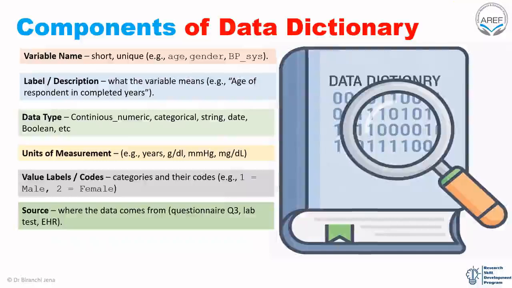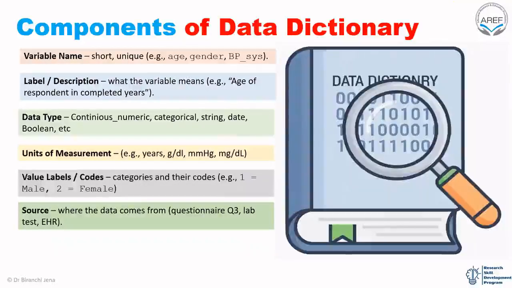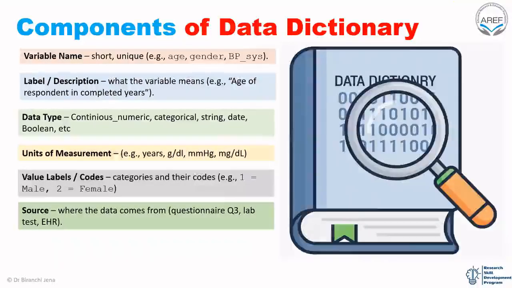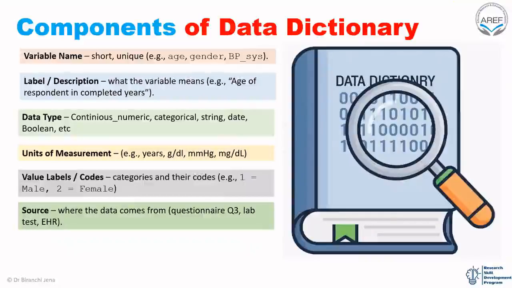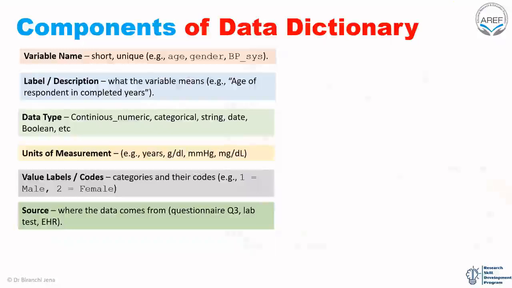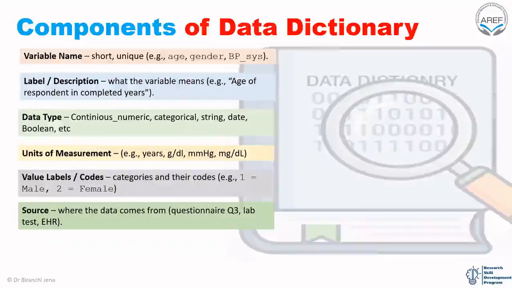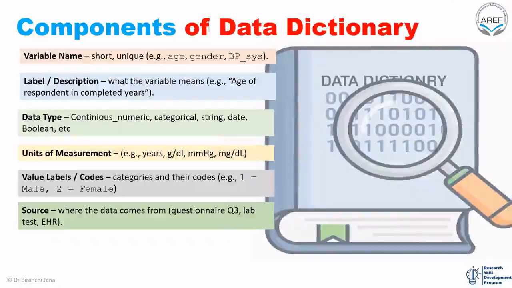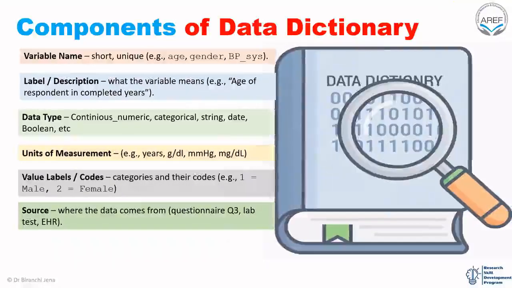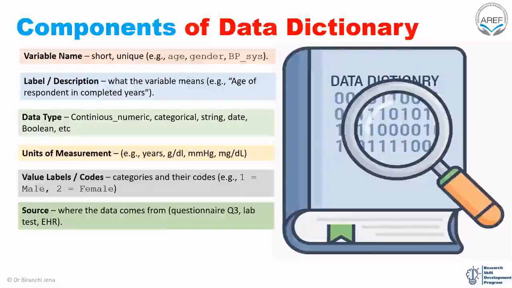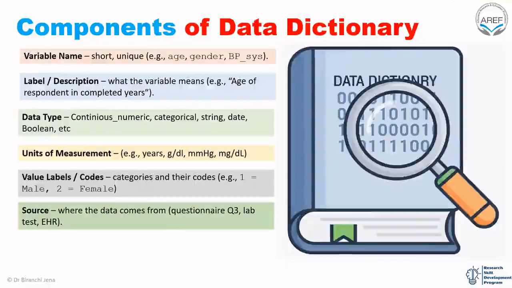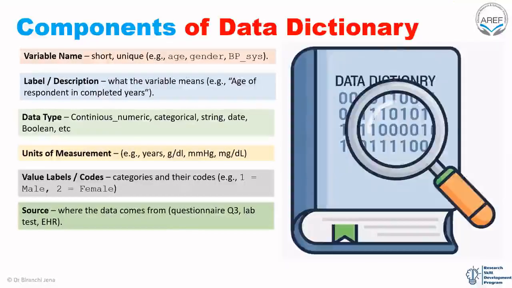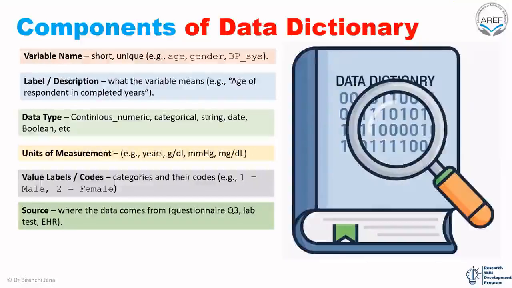Then you have source. Once you collect the data and make the data together into a data file for analysis, you may need data from multiple sources. Maybe for a particular patient, some data you can collect directly by asking the patient through an interview, and some data you can take from the EHR file or from the lab test reports.